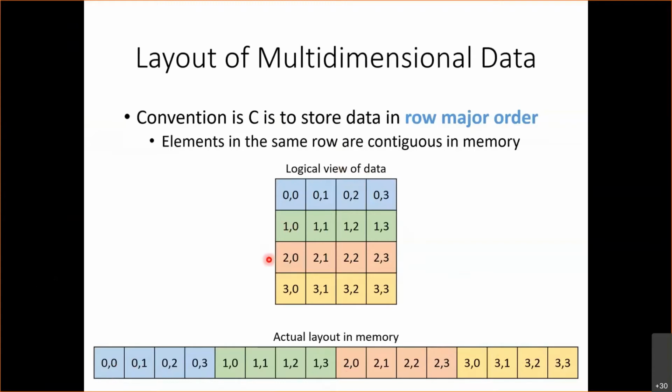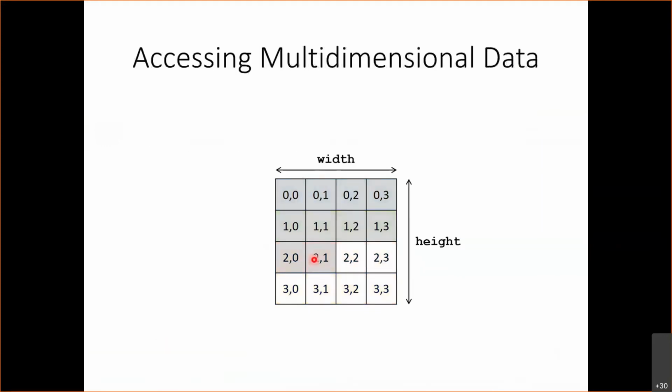Right, exactly. If I want, for example, the pixel in position 2, 1, then my row is 2, and my column is 1. The index into this array is going to be the number of pixels from the beginning.